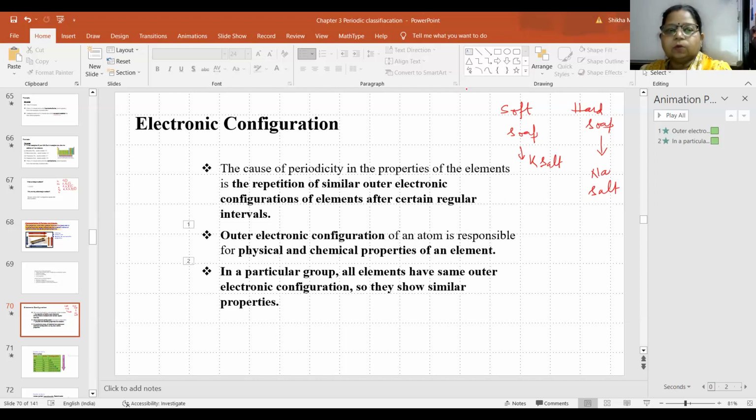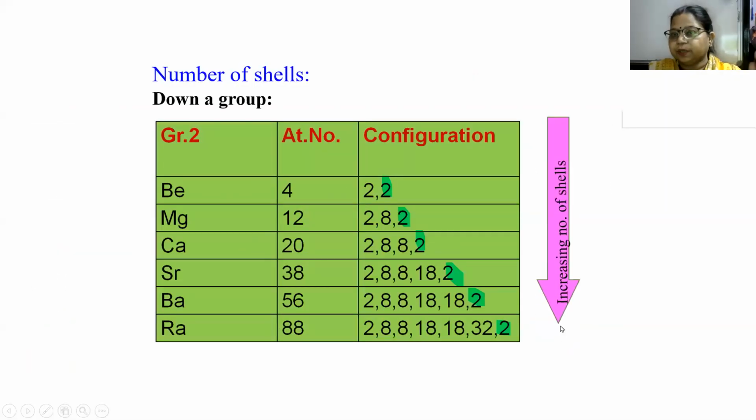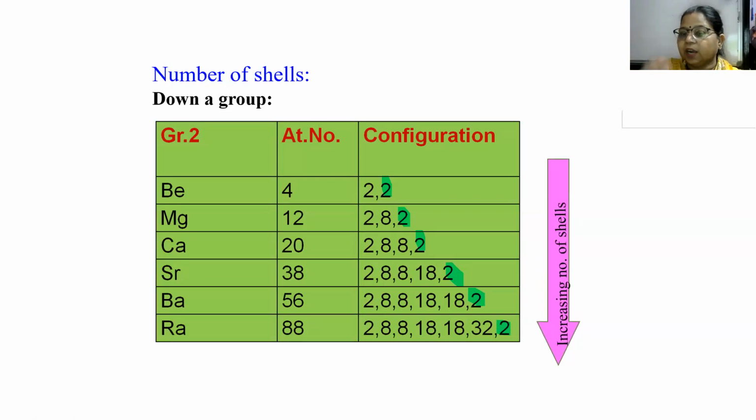Now, how does the electronic configuration change in a group? As you can see, I have marked that this is group 2: beryllium, magnesium, calcium, strontium, barium, and radium. All of them have 2 electrons in the valence shell. I have deliberately not written in terms of 1s2, 2s2, 2p6, else it will become too long.